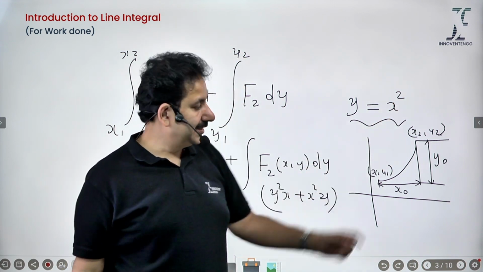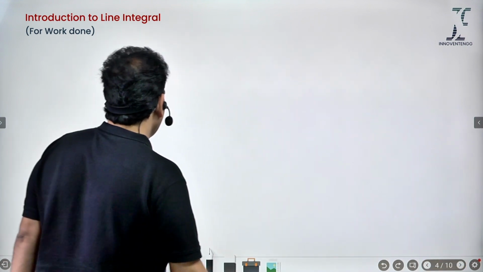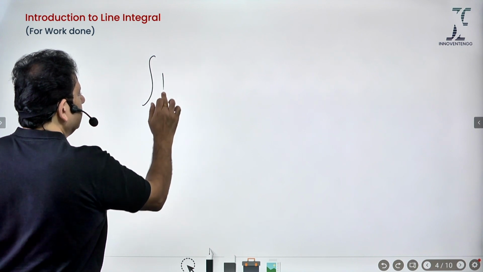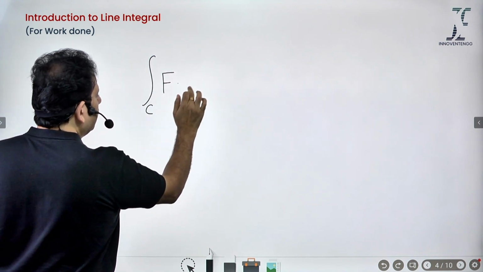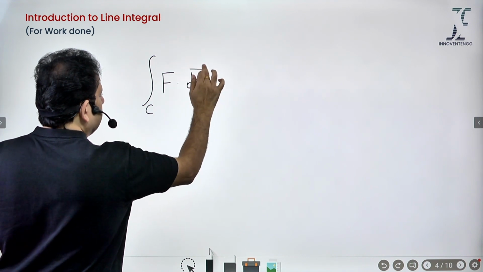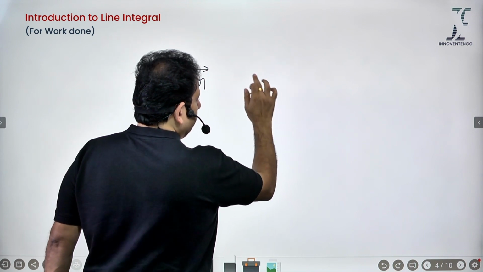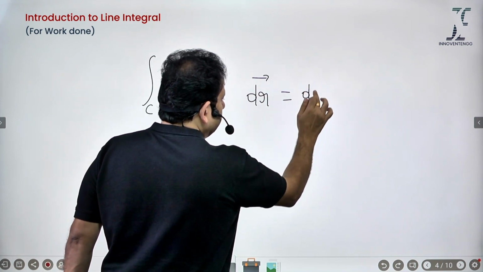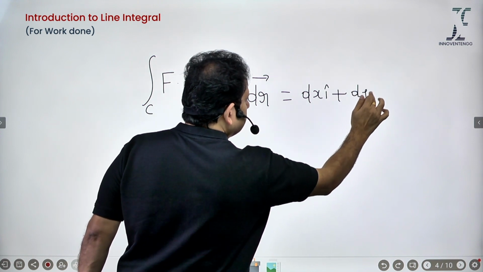That's very important. And therefore, if I generalize, I can always write this line integral along a particular curve as f dotted with dr, where I can say dr is simply dx i plus dy j.